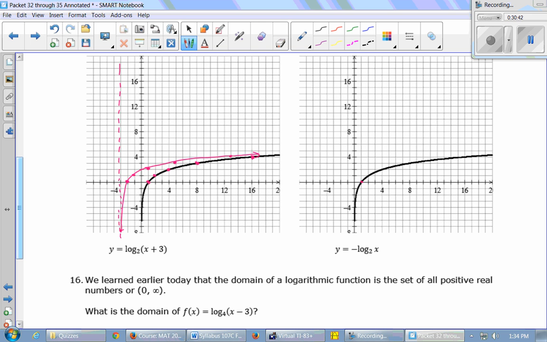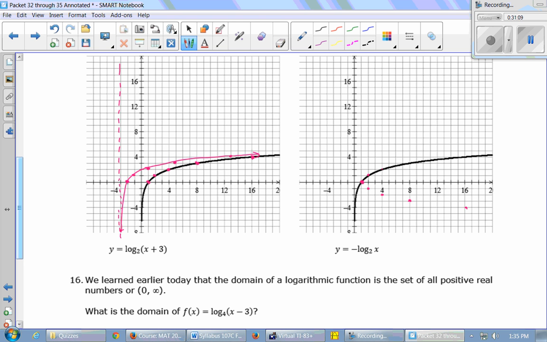That point's going to stay where it is because it's on the x-axis. The point (2, 1) would go to (2, negative 1). And (4, 2) will become (4, negative 2). And (8, 3) will become (8, negative 3). (16, 4) will become (16, negative 4).